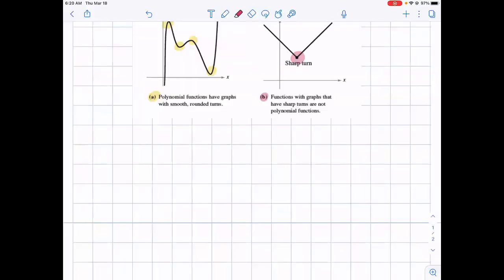You will notice that sketching the graph of polynomial functions of degree greater than 2 is often more involved than sketching the graph of polynomial functions of degree 0, 1, or 2.